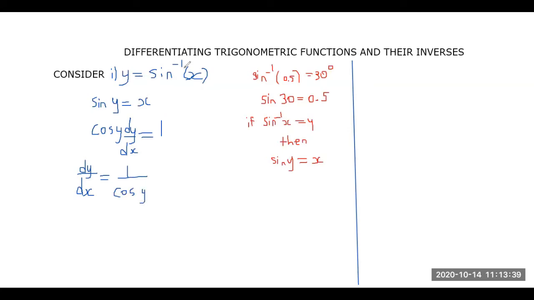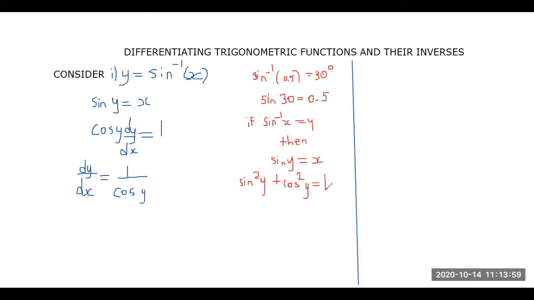Nice. Now look what I'm going to show you. What is sine squared y plus cos squared y? We learned long ago that sine squared y plus cos squared y is equal to 1.